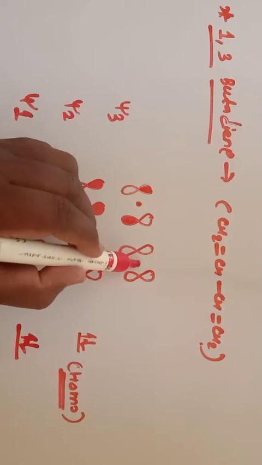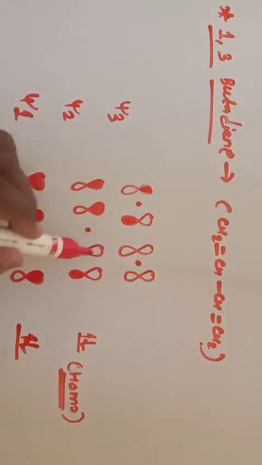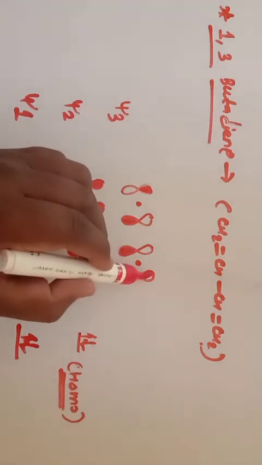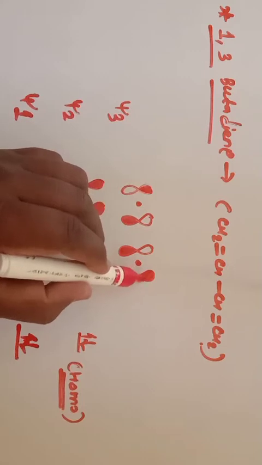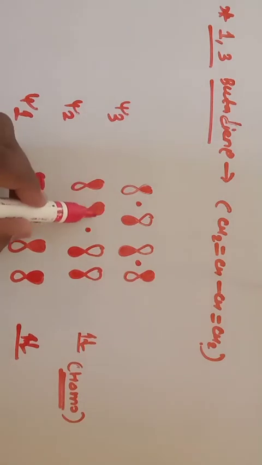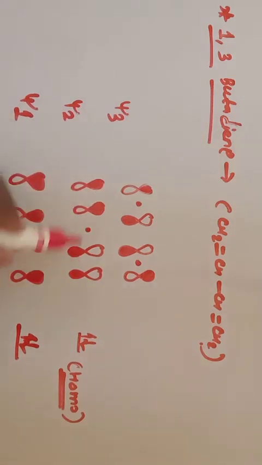And there is another node, so there is one bonding interaction and two anti-bonding interactions. In the previous case all are bonding interactions: this is bonding, this is bonding, this is bonding, three bonding interactions. In this case only two bonding interactions, this is one and this is the second.